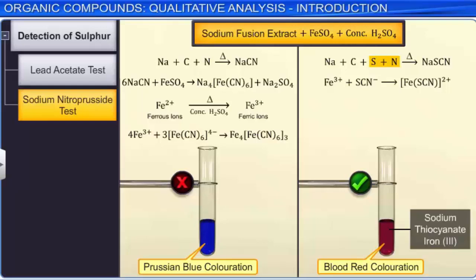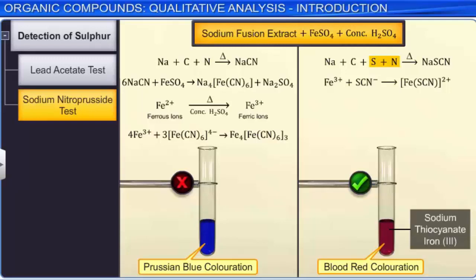The color of the precipitate indicates the presence of a specific halogen. A white precipitate, soluble in ammonium hydroxide, indicates the presence of chlorine. The white-colored precipitate is due to the formation of silver chloride.